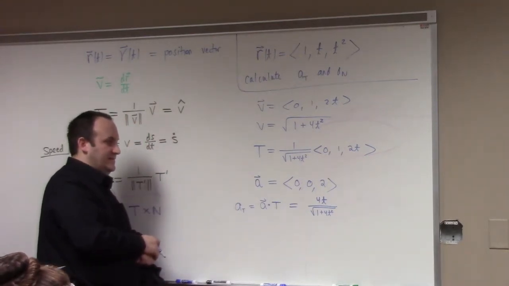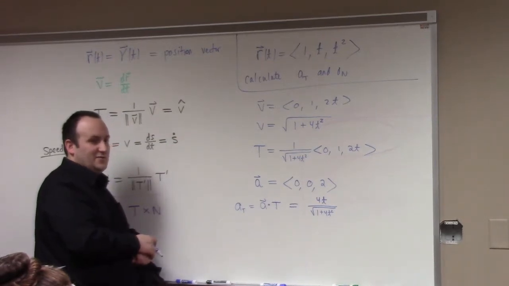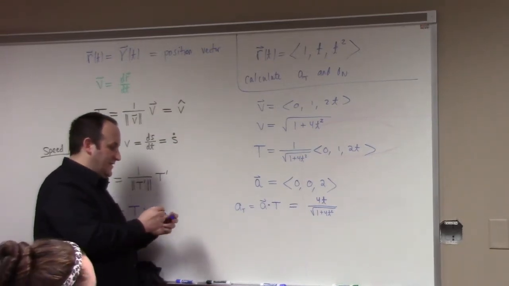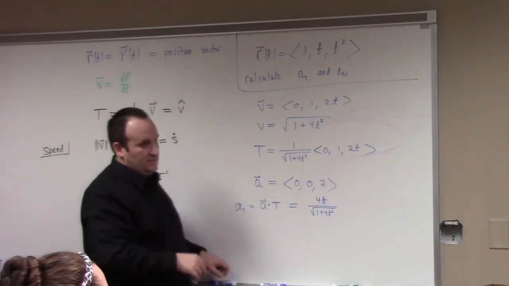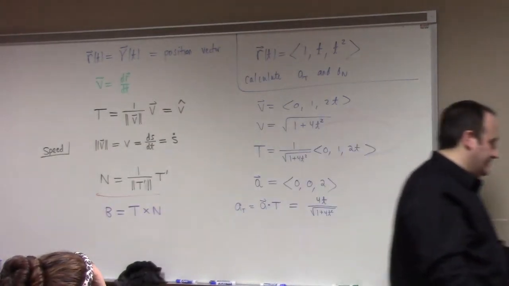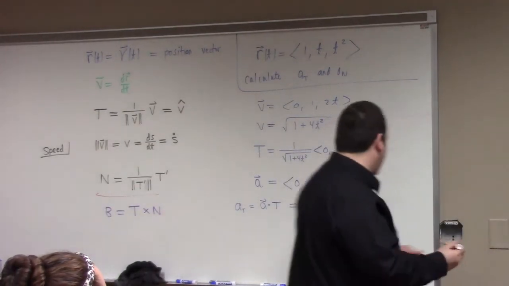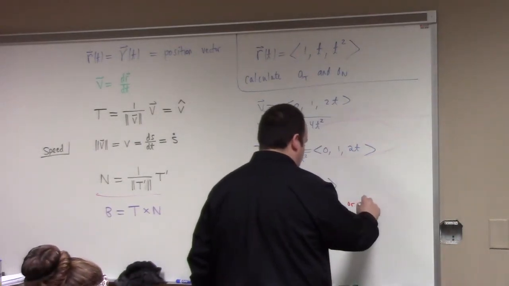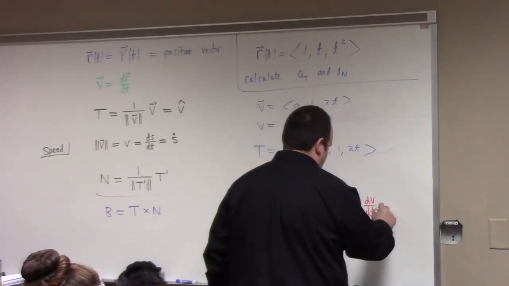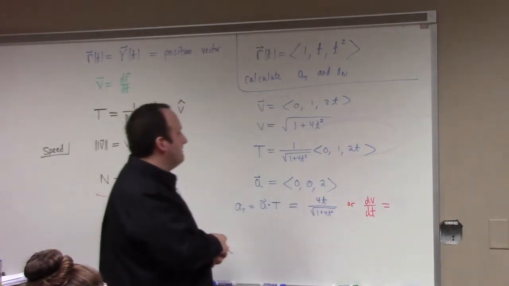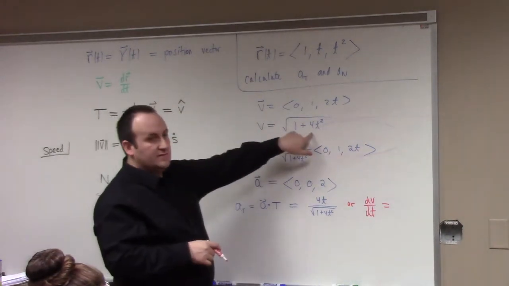Now, allegedly, what else should that be equal to? I mean, that was one way we could have done it. What's the other way we could have done it? We supposedly could have also done dv/dt. What's dv/dt here? See this?